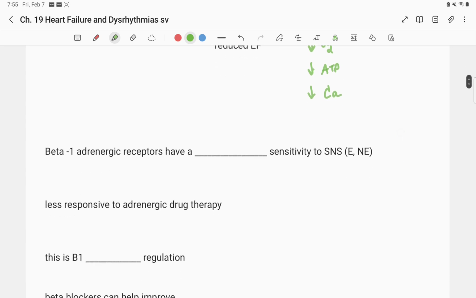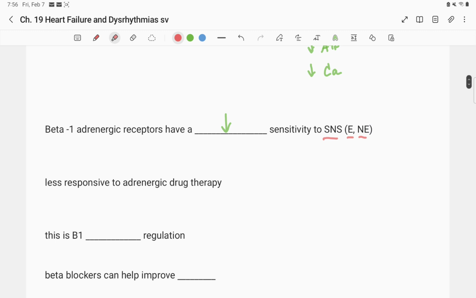Okay, beta 1 adrenergic receptors have a reduced sensitivity to the sympathetic nervous system, right? So when you're in sympathetics, you're going to release epinephrine and norepinephrine. So the receptors are less sensitive to these catecholamines.